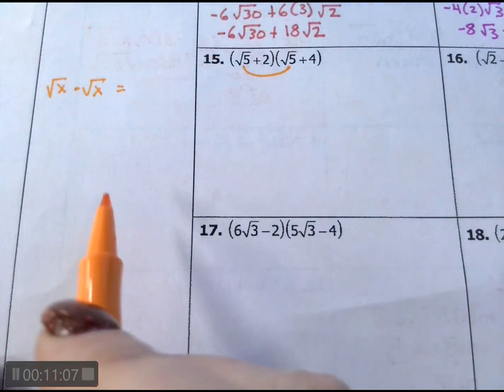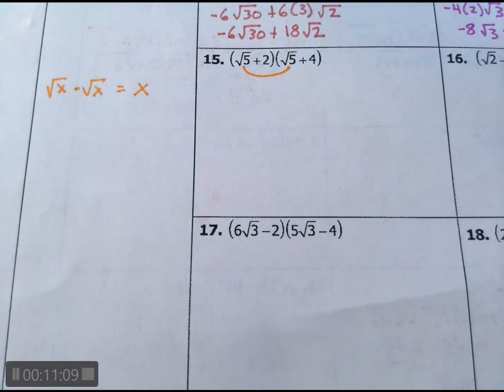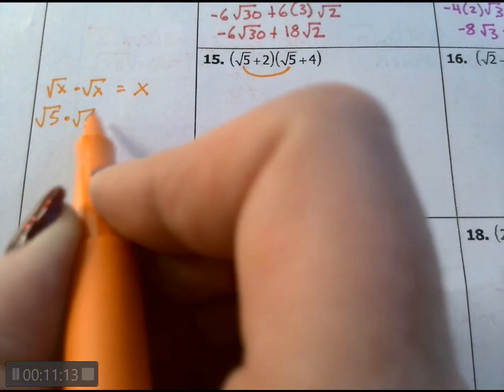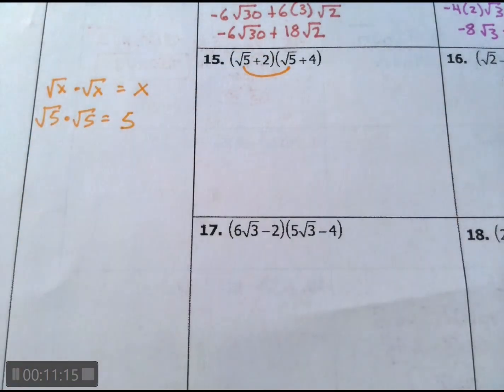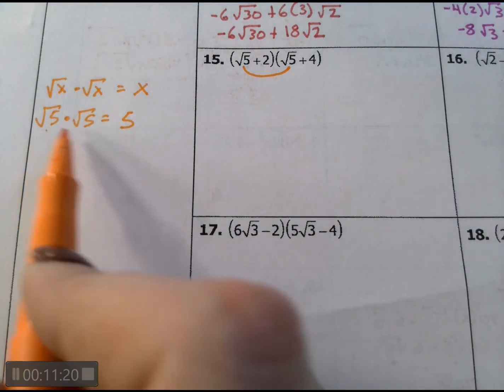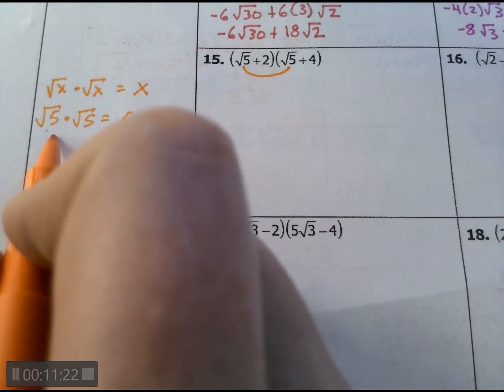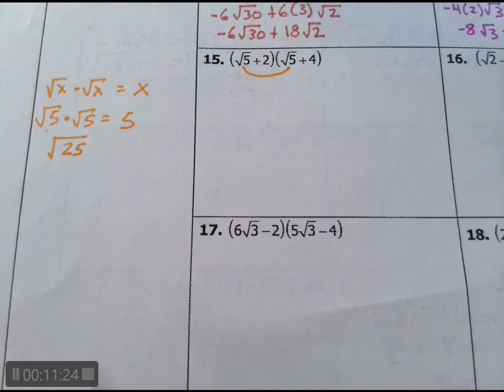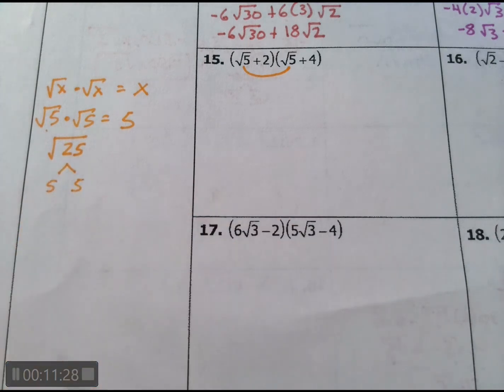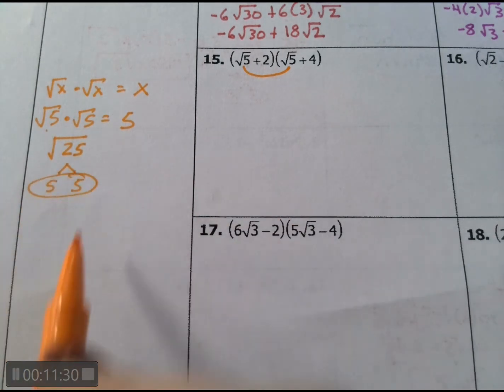If I have the square root x times the square root x, it's just going to be x. In this case, square root 5 times square root 5 is just going to be 5. The reason is that when you multiply square root 5 times square root 5, you get the square root of 25. Then we find our factors of 25, and it's 5 and 5. And there's your pair.